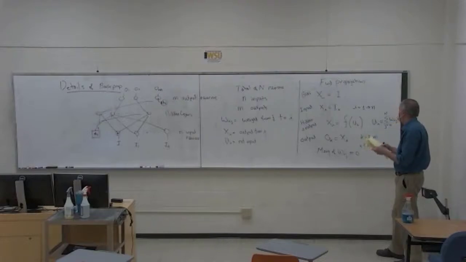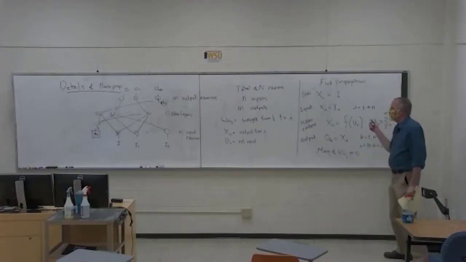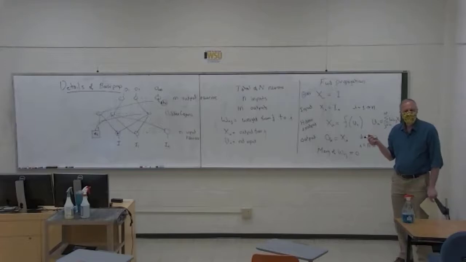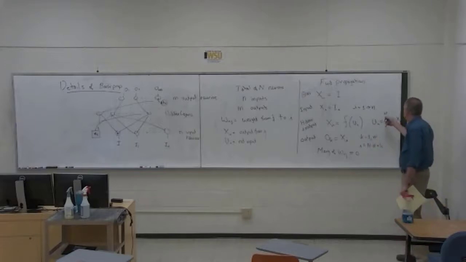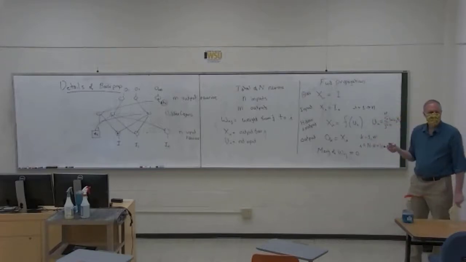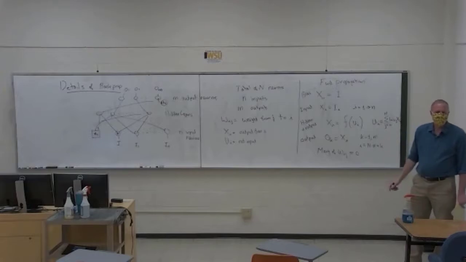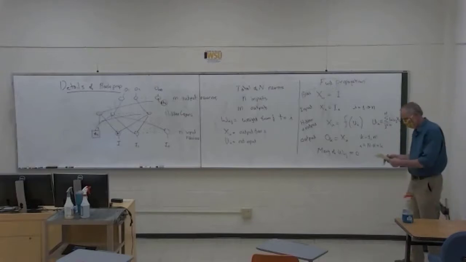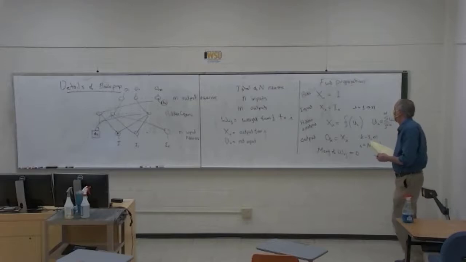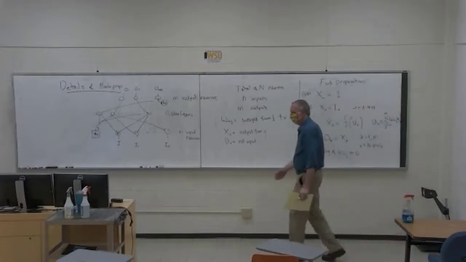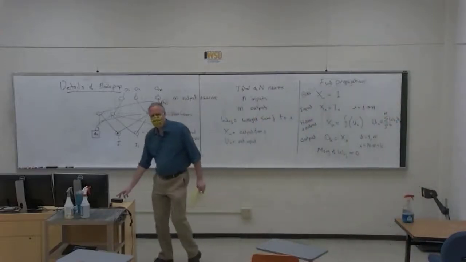Now, if you were going to write a program to do this, you'd probably want to keep track of how many neurons are in the middle layers, and that way you wouldn't do the whole sum, because there's no point in doing the sums where the weights are 0, if you want to be efficient. All right, so that's the forward propagation, and that's what we've done in the examples in class.